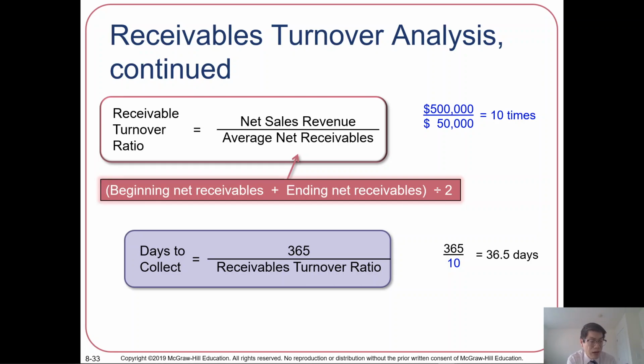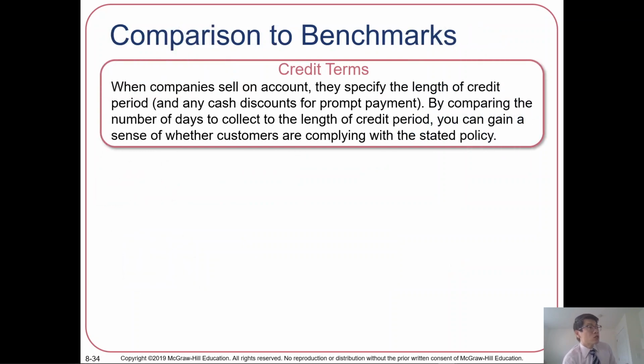They have to be in a similar situation, in general in the same industry, doing similar business, so that you can have a better sense of whether they are operating their credit policies effectively or efficiently. So comparison to a benchmark is what we're talking about when we do financial analysis using those ratios.